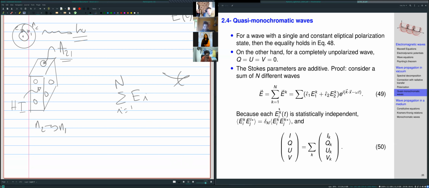So this connects with what I want to show you now about the sum of n different waves. Look at equation 49 here. The total electric field is a superposition of all these individual pulses.